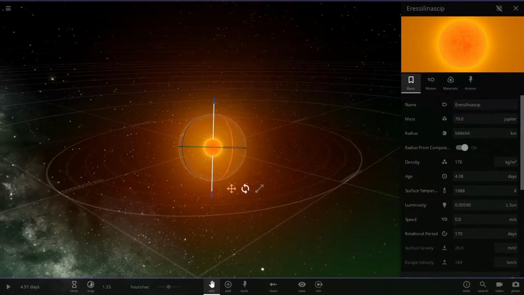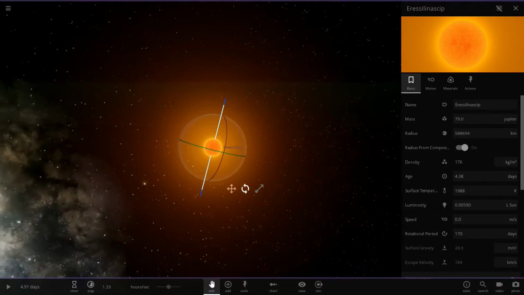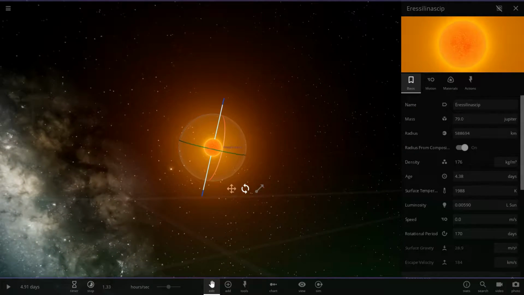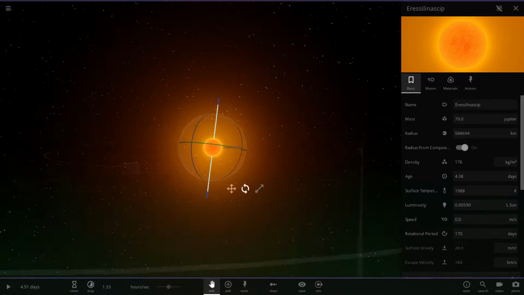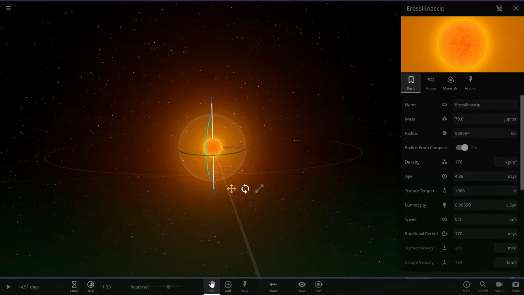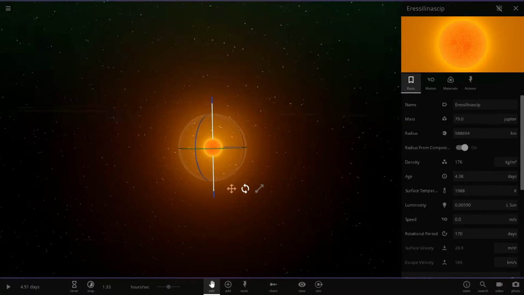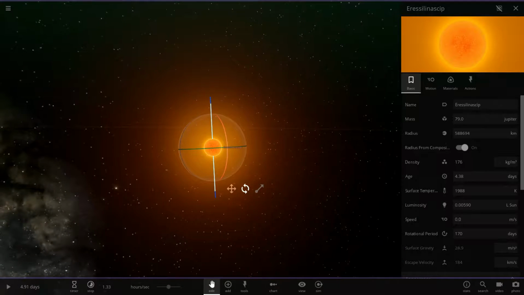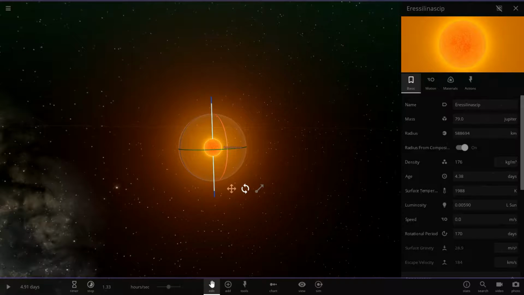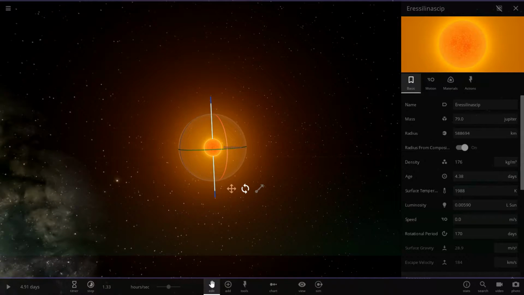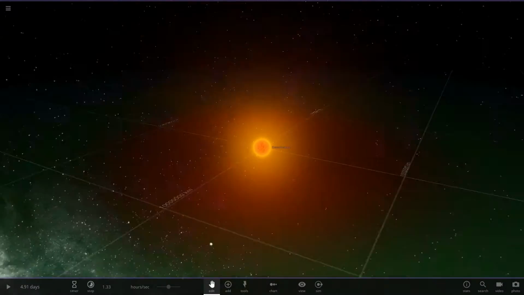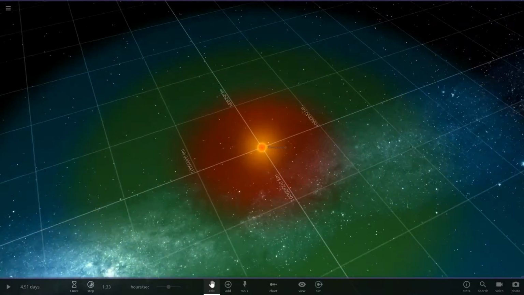So technically, an L class brown dwarf is a supersized brown dwarf, literally on the edge of becoming a star. The biggest L class brown dwarf we found is about, if I am correct, and if I'm not, I apologize, 69.5 Jupiters in size.